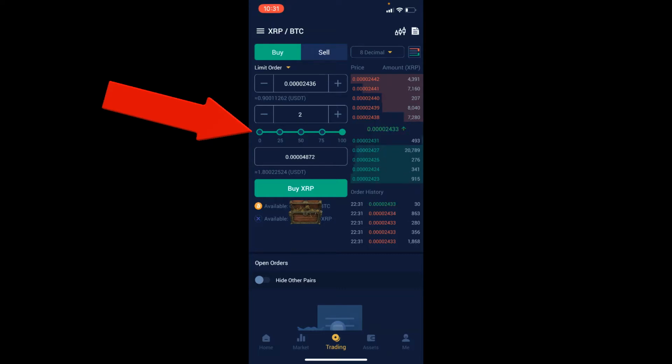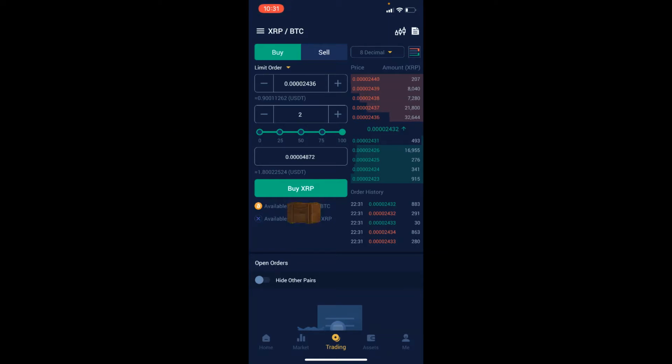When you bring your Bitcoin over to Bitrue to trade with it, especially if you are trying to trade all of it for one particular cryptocurrency, make sure to drag this dial all the way to 100. Then you will be able to trade 100% of the amount of Bitcoin that you came to trade with.